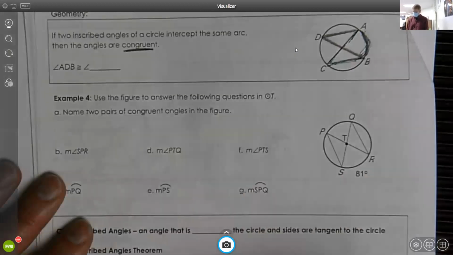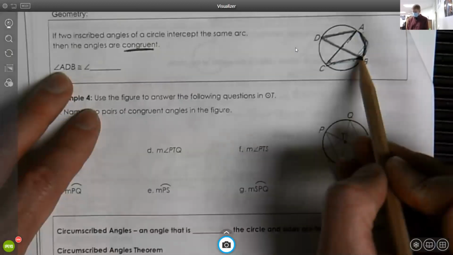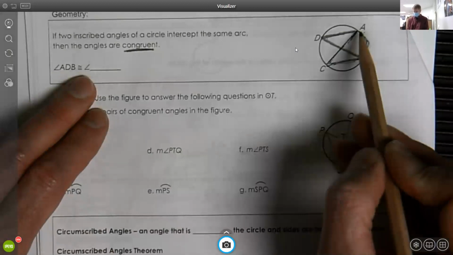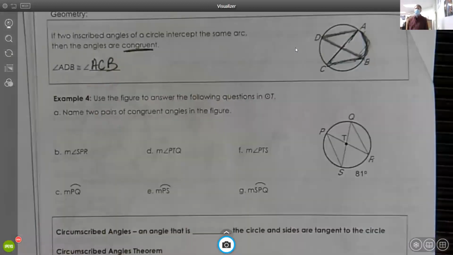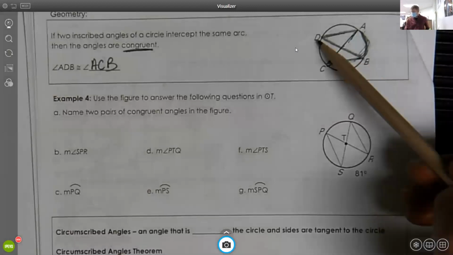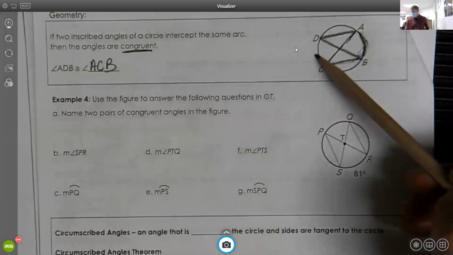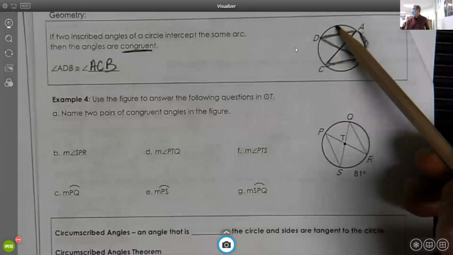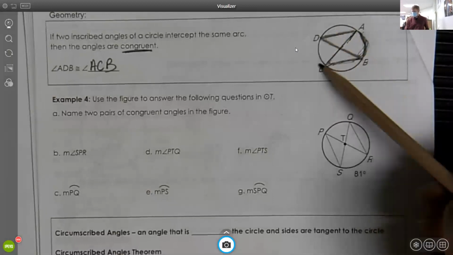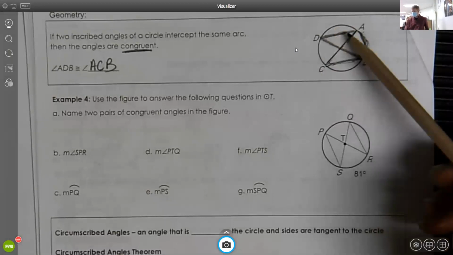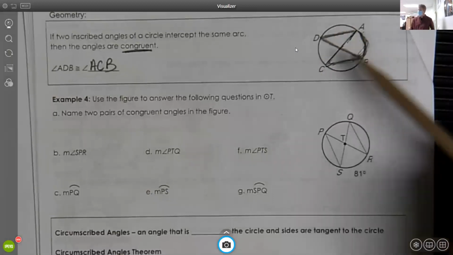So the measurement of ADB is going to be congruent to ACB. And there's actually an infinite number of spots where D could be located. And it's all going to be the exact same measure. It's kind of hard to visualize that, but that would be true by the definition of an inscribed angle.